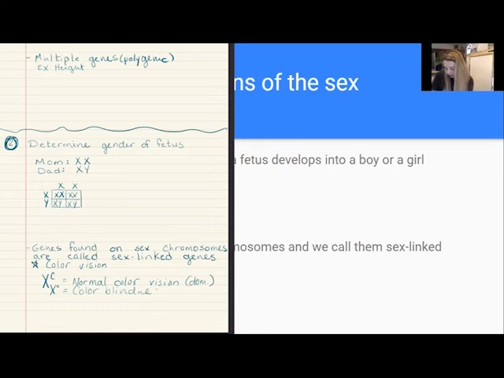Another thing that we see with sex-linked genes is that recessive forms of sex-linked genes happen significantly more often in men than in women. And we're going to talk about why that is right now.